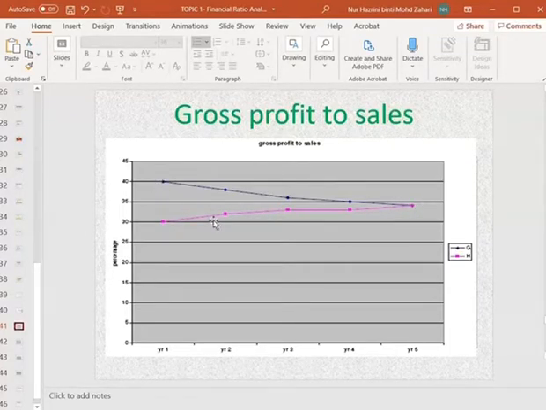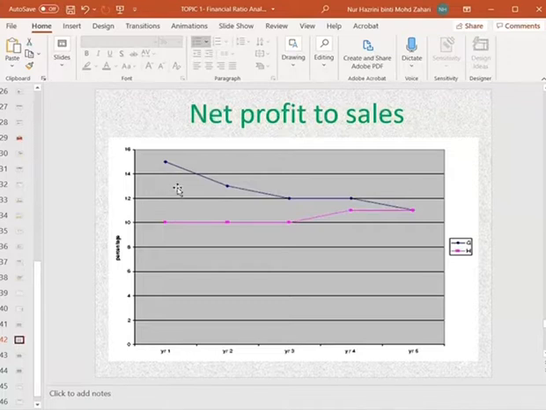For company H, even though in year 1 the gross profit is lower than company G, throughout the 5 years it is increasing. If you ask me, I will say that company H is doing better because it is improving. They are managing their cost of sales better throughout the years.